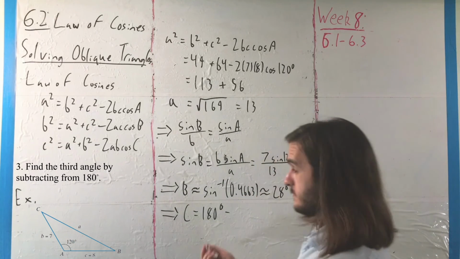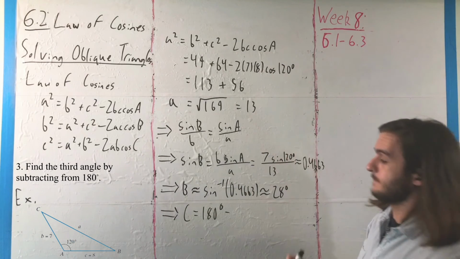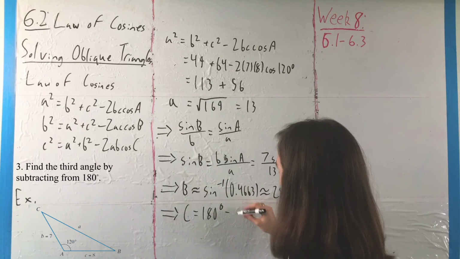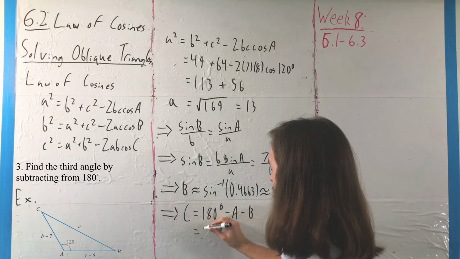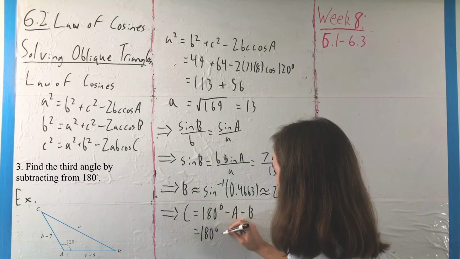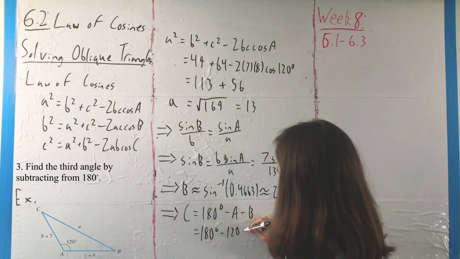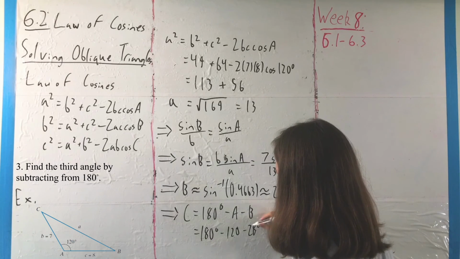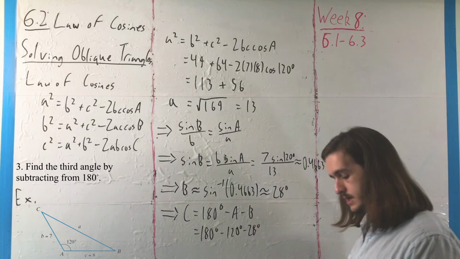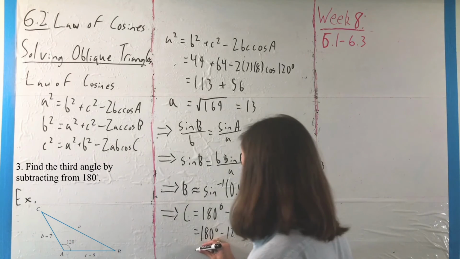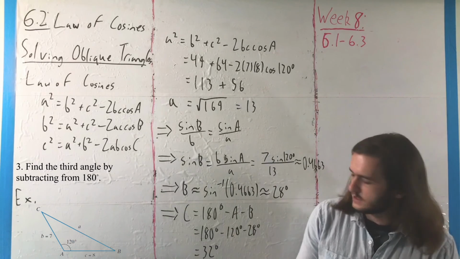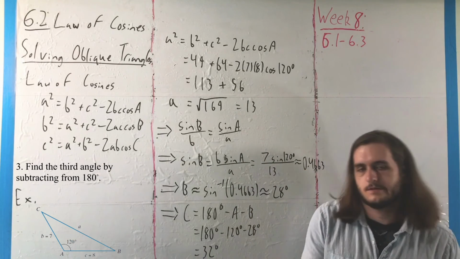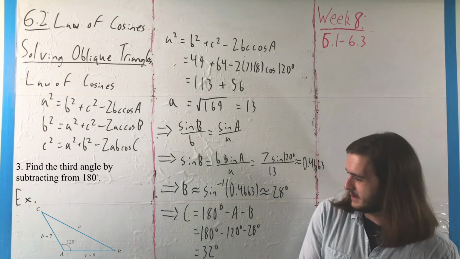But we have C, the one we want, because we have B and A, is going to be 180 minus A minus B, or 180 degrees minus 120 minus approximately 28 degrees. So C is approximately 32, because there's a lot of approximation going on.